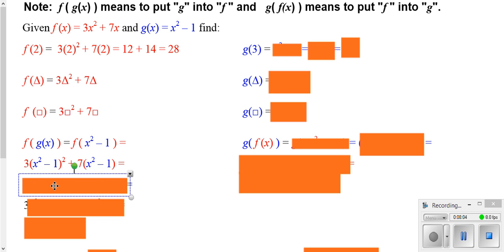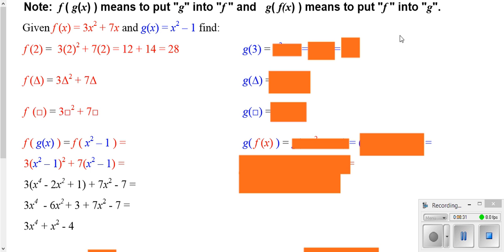Remember, squaring means multiplying it by itself, so I have to FOIL x squared minus 1 times x squared minus 1. An x squared times an x squared is my x to the 4th. Distribute through the 3, collect my like terms, and I get this.